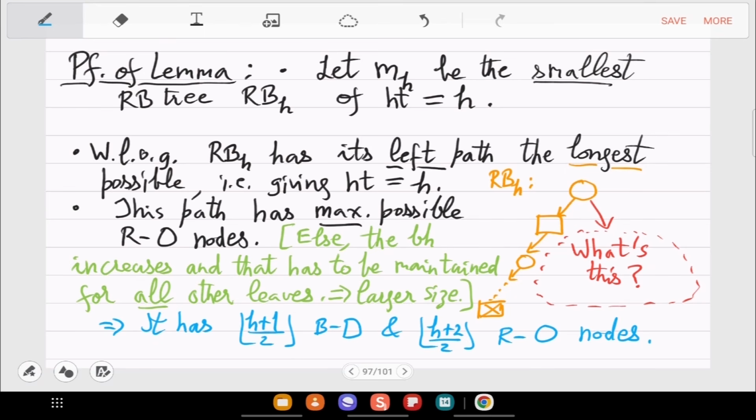Yeah, this is what happens if I change it in the middle. So right now what I have done is just change this. So this path has length h plus 1 for height h, and we are wondering how many blacks and reds to give.